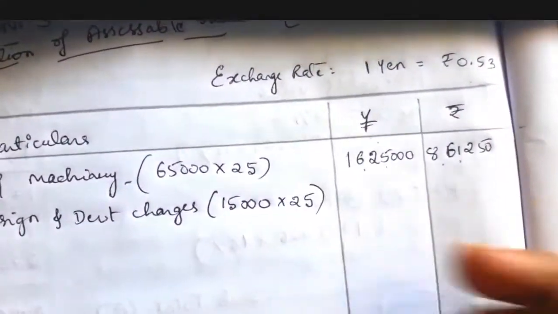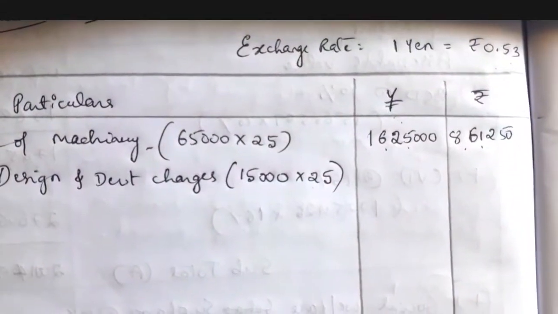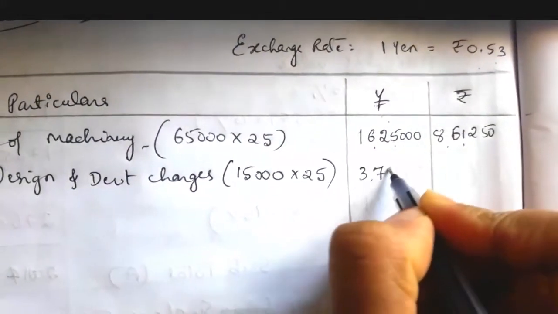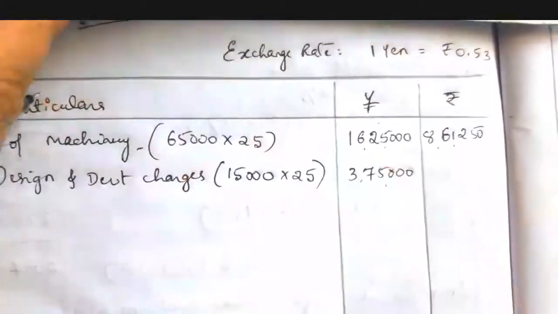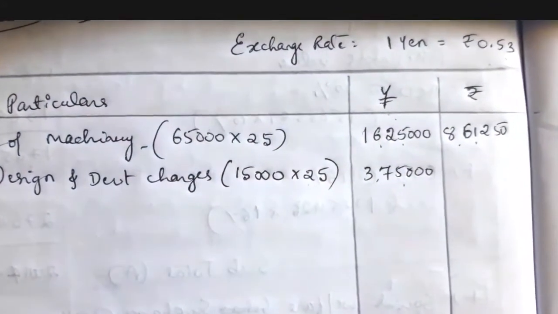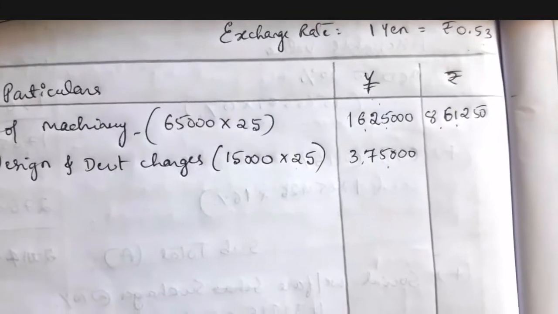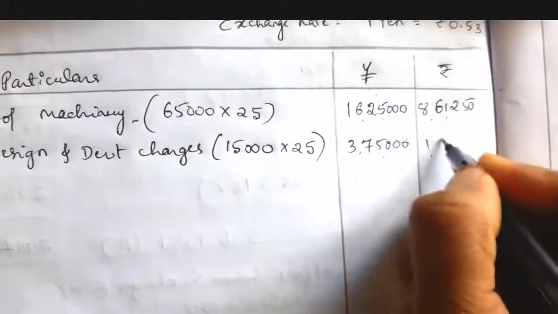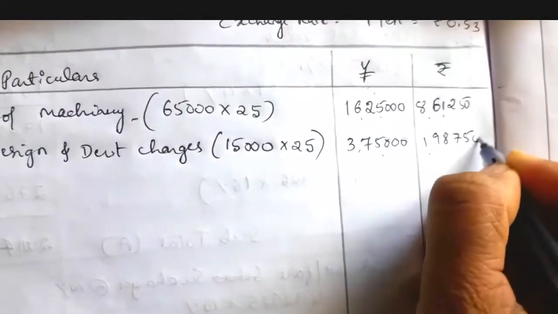So 15,000 into 25 is equal to 3,75,000 yens, the total design and development charges incurred by the exporter. Converted into Indian rupee, it is equal to 1,98,750.